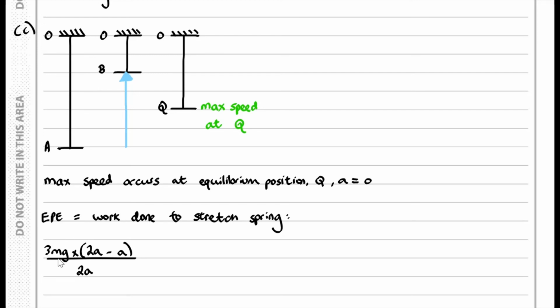Hopefully you can recognize that's lambda x squared over 2l, and this is equal to, again, the elastic potential energy at this point Q.